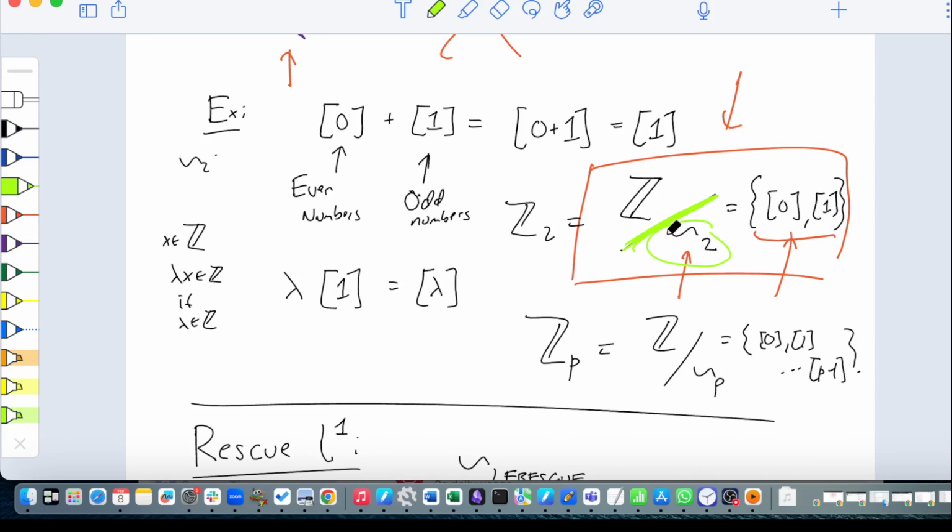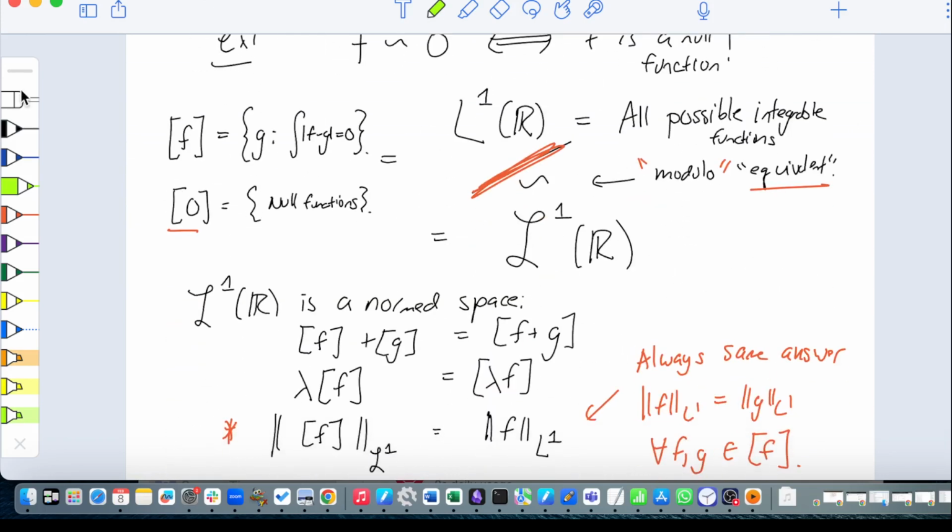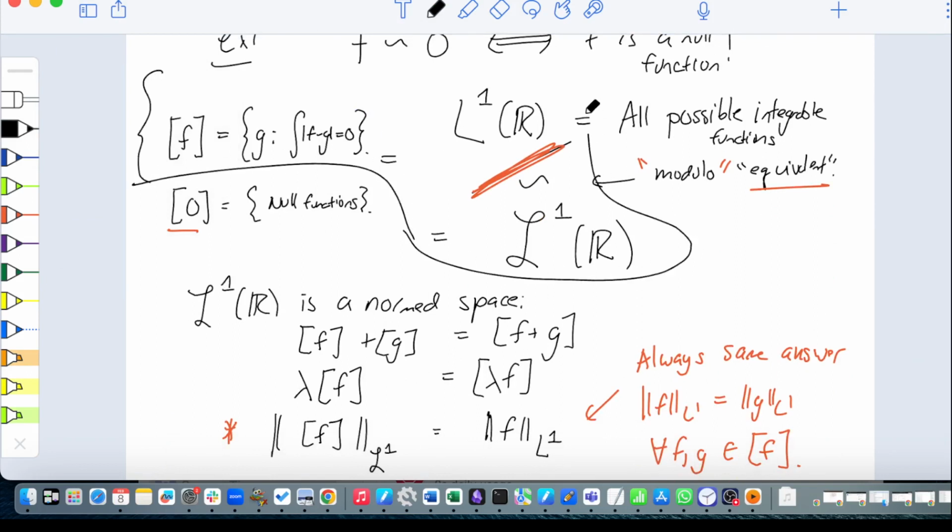In our situation, okay, there's still infinitely many equivalence classes, right? So you could say it's the set of all possible equivalence classes of f. So it's a set of sets, right? There's still infinitely many of them.